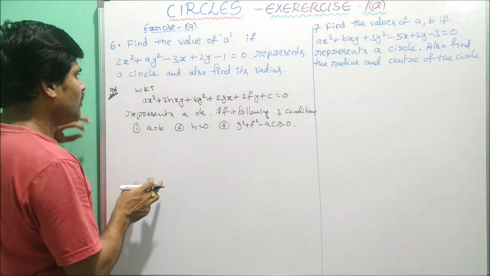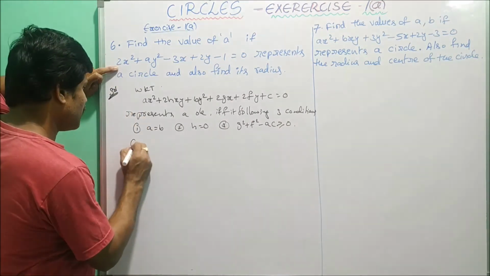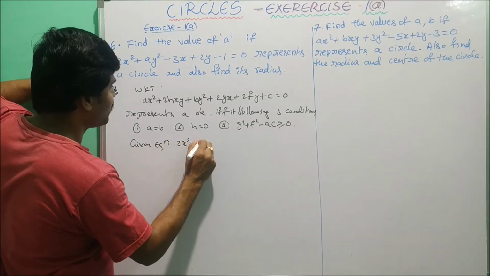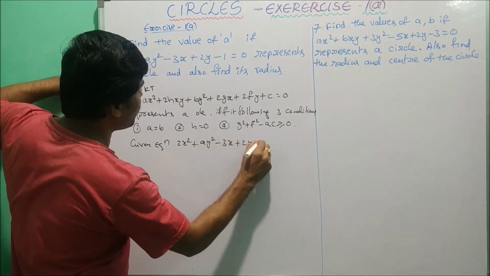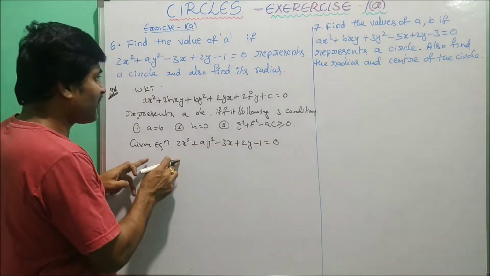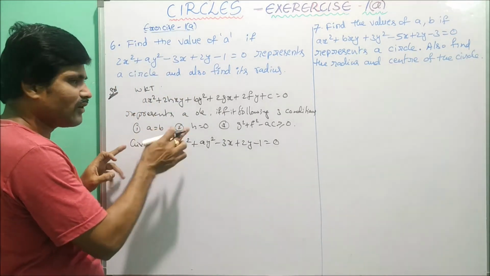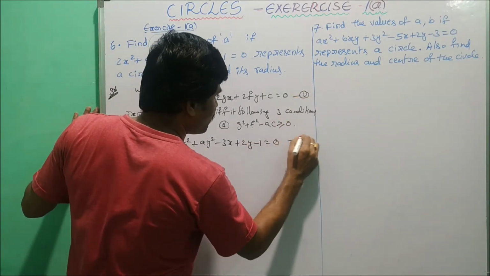Now comparing with the given equation 2x² + ay² − 3x + 2y − 1 = 0, this equation represents a circle. So here clearly a equals b. This is equation 1, this is equation 2.